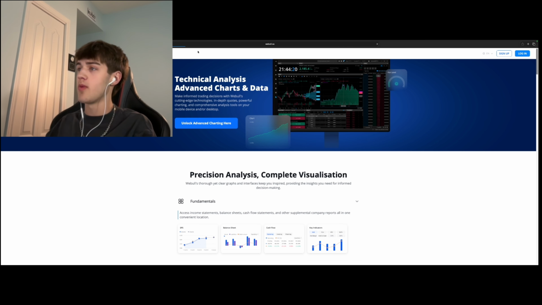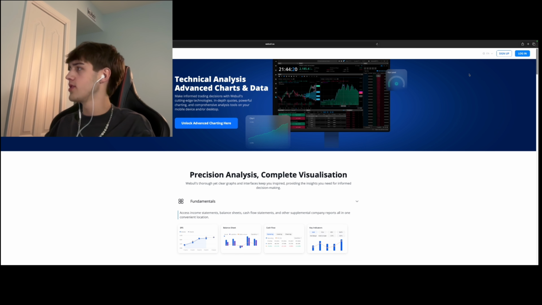This is the one I use, Webull. It's a good and pretty popular one. There's also Robinhood in the US. I'm not from the US, so I can't use Robinhood, but that's also a good one for options trading. There's also Questrade, but we can start with Webull.